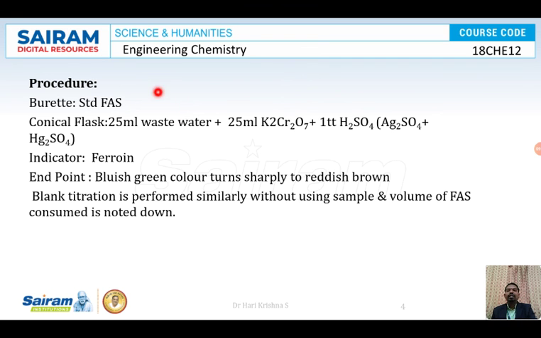The sample here is wastewater. I take 25 ml of dichromate, add sulfuric acid and everything, and the indicator, and titrate with FAS. Whatever FAS volume I get for the 25 ml of dichromate, I subtract the sample value from it. By that I will know the exact volume of K2Cr2O7 required to oxidize the waste present in the wastewater.